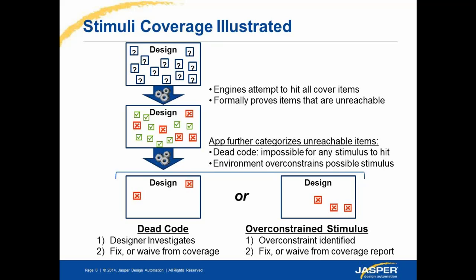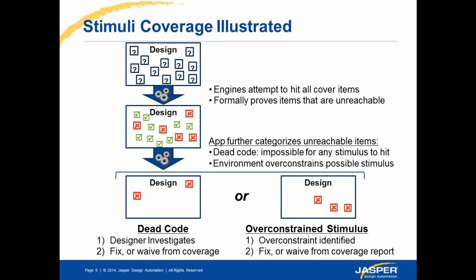These will probably never be hit, but you have to put them anyway. So if they're valid, then the designer can waive them. And if they should have been covered and are not covered, then the designer can fix them.